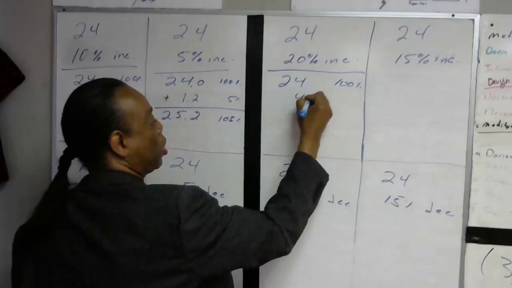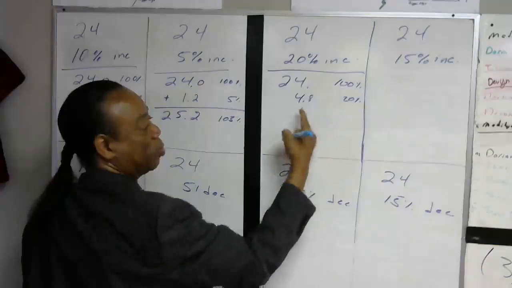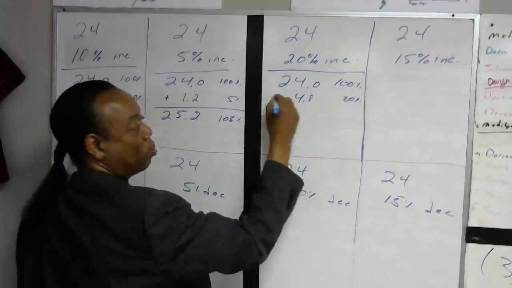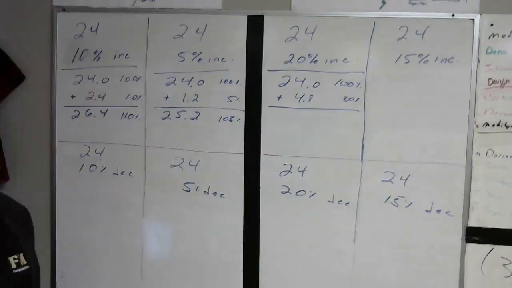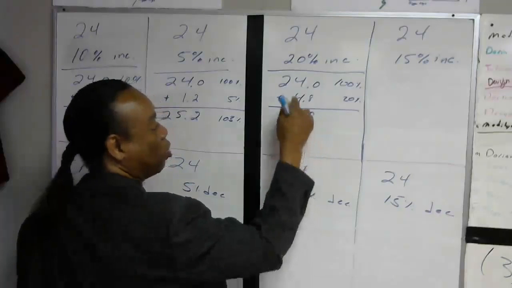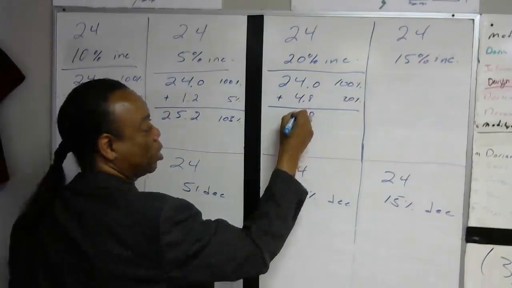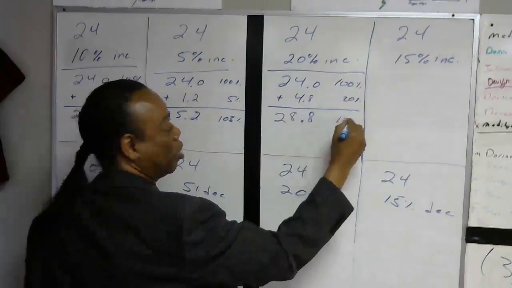So 4.8 is 20%. I add a decimal here, a 0 there. We're going to add them. And so 0 and 8 add up to 8. Decimal. 4 plus 4 is 8, and 2. This represents 120%.